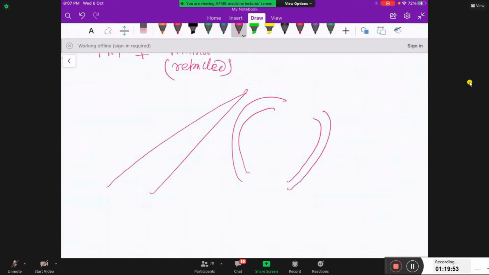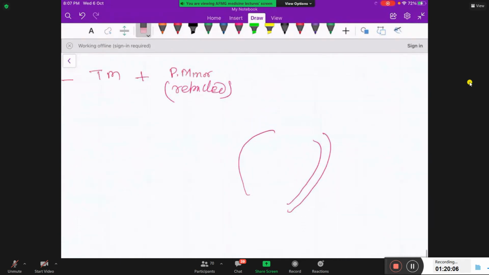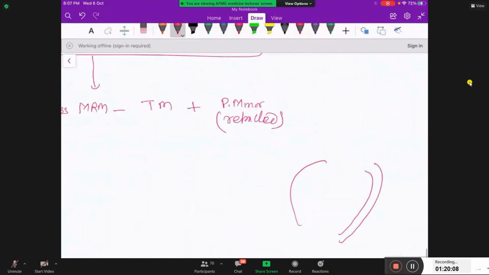And we should also know an important point here. The extent of lymph node removal here in this latest type of MRM is level 1 and level 2 always. Level 3 if enlarged.